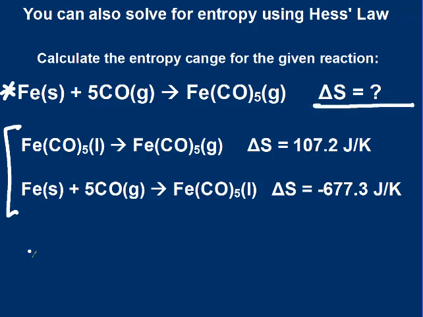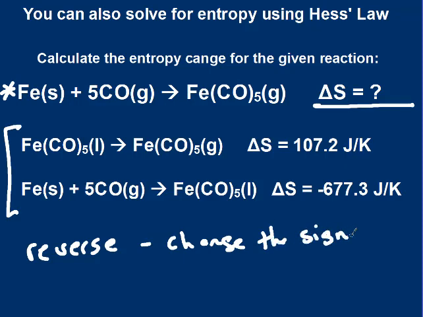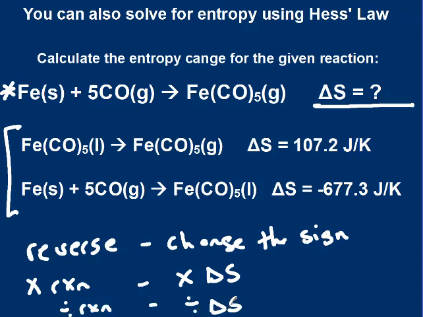If you reverse a reaction, you're going to change the sign, so from positive to negative. If you multiply the reaction, you're going to multiply the delta S. If you divide the reaction, then you're going to divide the delta S. So those are your basic principles. Whenever you're done, you just add up all of your delta S values.